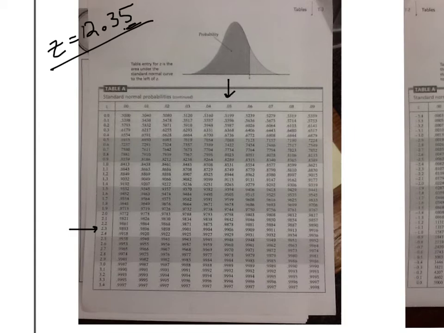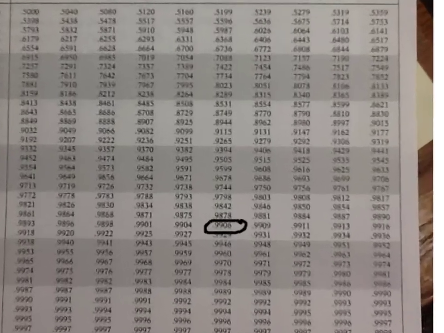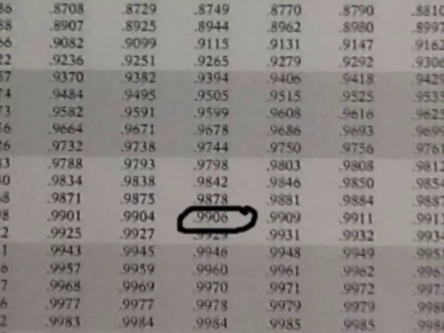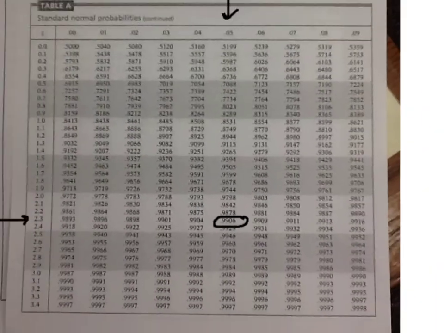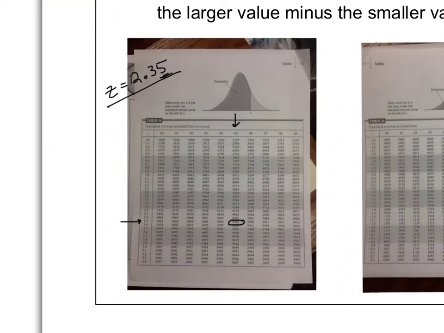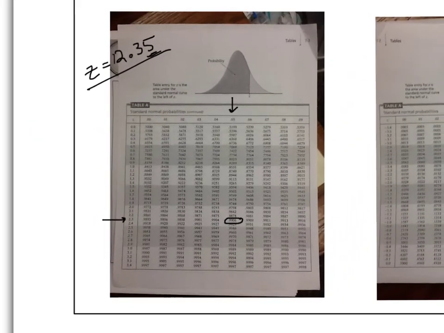And I figure out where those two columns meet, and a z-score of 2.35 has an area under the curve of 0.9906. Okay? So that gives you an idea of how to use your z-score table chart. Now, I'm going to go through this, and as I'm calculating these, I'm just going to give you the z-score value. Again, we'll work in class tomorrow on how to find those some more. Okay?